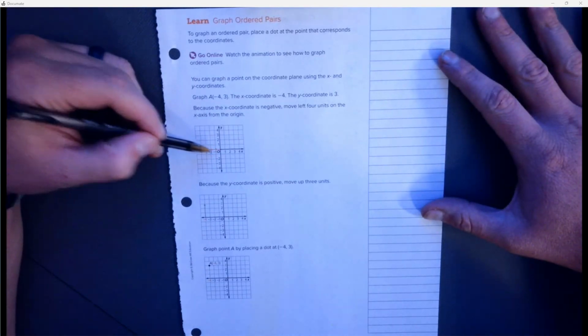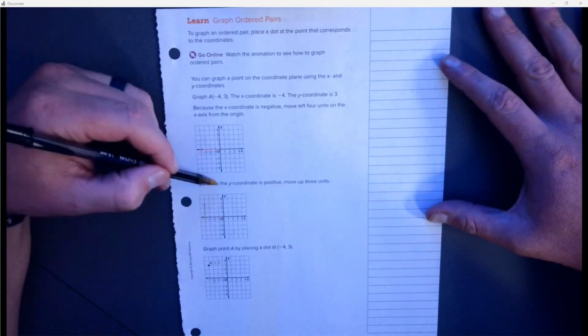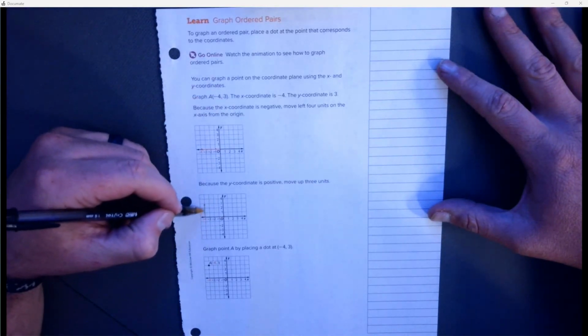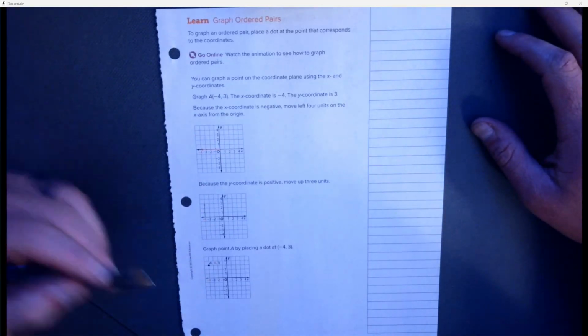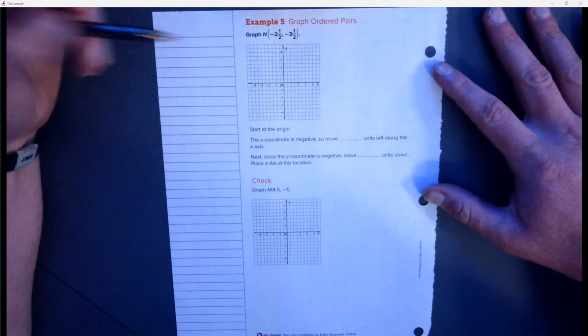So 1, 2, 3, 4. Because the y is positive, we know we're going to move up on the y-axis. We're going to move up 3 units. So 1, 2, 3. So now we're going to place a dot there, and that would represent our coordinate A, which is (-4, 3).